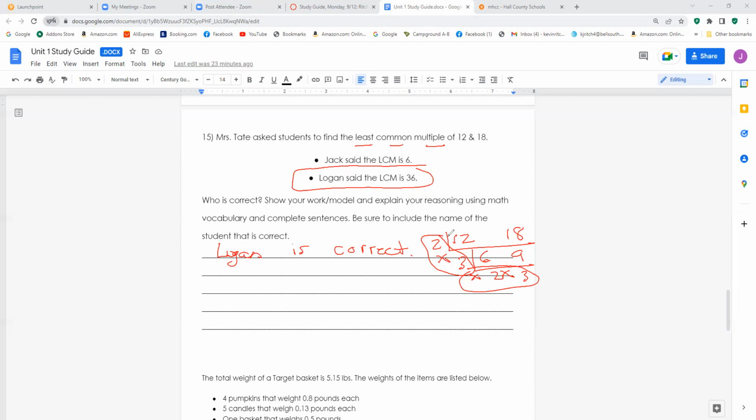And then I would say the reason that Jack is incorrect is because Jack actually found the greatest common factor. So like I said, you want to say more than enough than not enough, okay? Logan is correct because of this work here. Jack is incorrect because he actually found the greatest common factor.